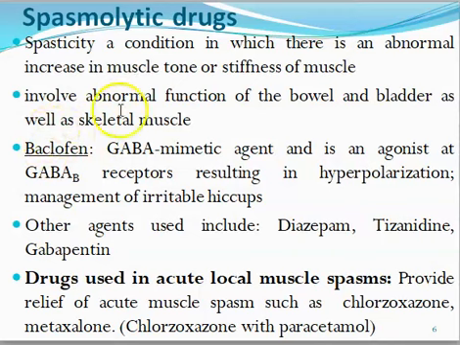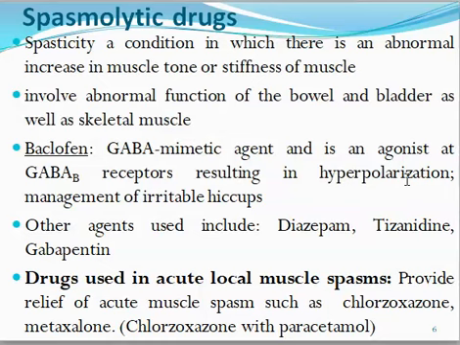We have baclofen, a skeletal muscle relaxant. This is a GABA mimetic agent, an agonist at the GABA receptor, resulting in hyperpolarization. Because when you have hyperpolarization, no action potential can take place. Hence, you can manage the stiffness or the pain, and also use it in the management of irritable hiccups.